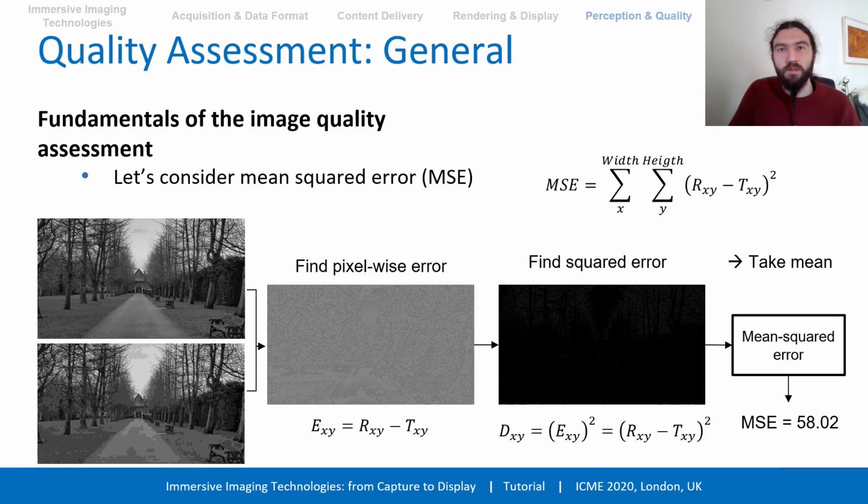This is a very simple error-based metric, which can also be used as a quality metric, especially for applications like compression, or it could be used in the computation of other metrics such as PSNR. While MSE is getting smaller, we can say that the test image is getting better because there is less of an error, and also vice versa. So if it is getting larger, the test image is getting worse.